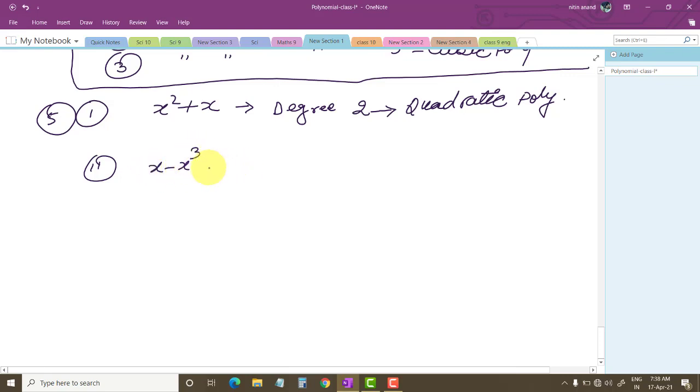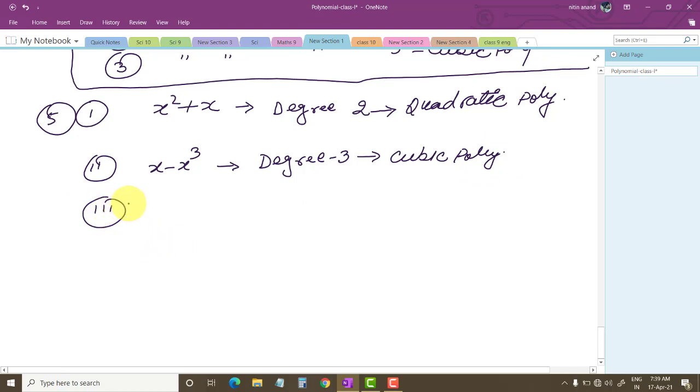Firstly we will decide the degree of this polynomial: see the highest power of the variable. The highest power of this variable is 3, so the degree is 3. If the degree is 3, then this is known as a cubic polynomial.